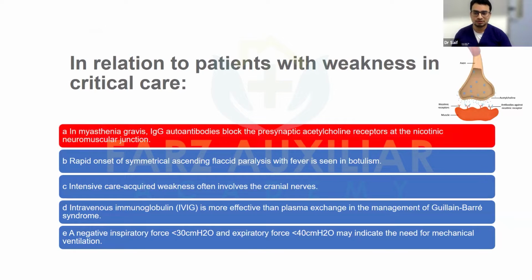So this is wrong. In myasthenia gravis, IgG autoantibodies block the synaptic receptors. As opposed to what you have answered, it is actually postsynaptic receptors which get affected by autoantibodies, postsynaptic rather than presynaptic.